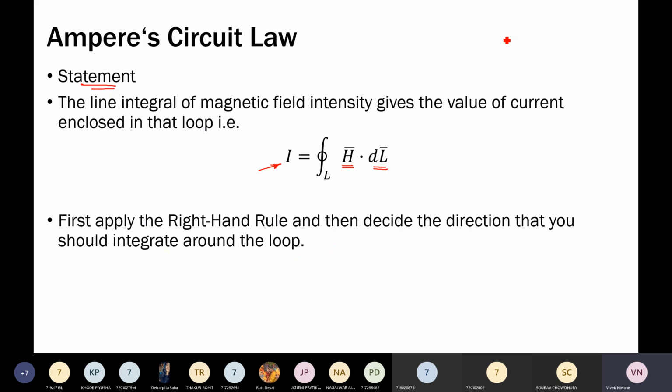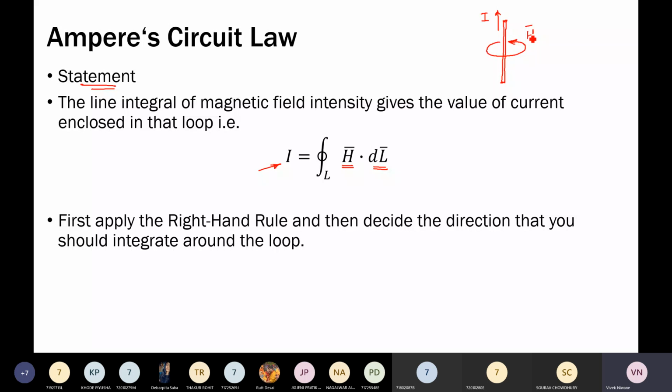Now, you may recall from your school time, and maybe from physics, that if we have a current carrying filament, it is going to have magnetic field intensity around it. So we have two approaches. Current produces magnetic field, which is given by the Biot-Savart law.